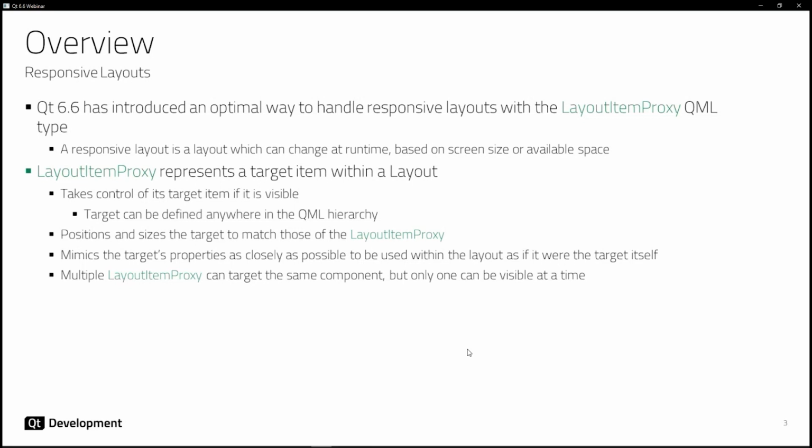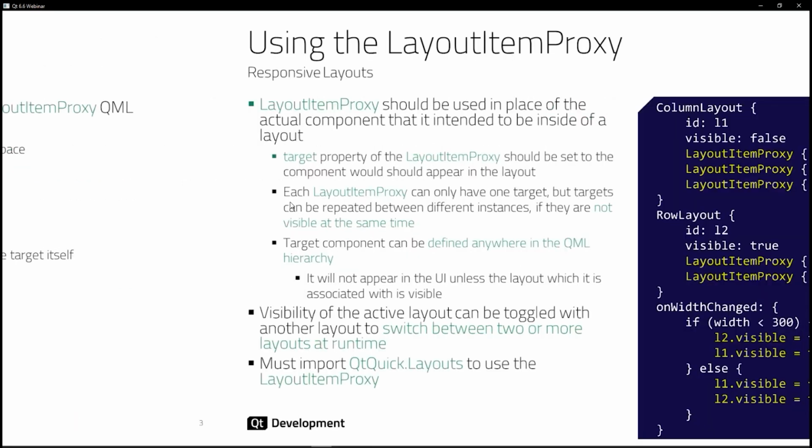Also, the position and size of the target will match that of the LayoutItemProxy, and the LayoutItemProxy is going to mimic the target's properties as closely as possible to be used within the layout as if it were the target itself, as it is just a proxy for that target. And then finally, multiple LayoutItemProxies can target the same component, but only one is able to be visible at any given time, because you can't have multiple layouts displayed at the same time, because that wouldn't make a whole lot of sense.